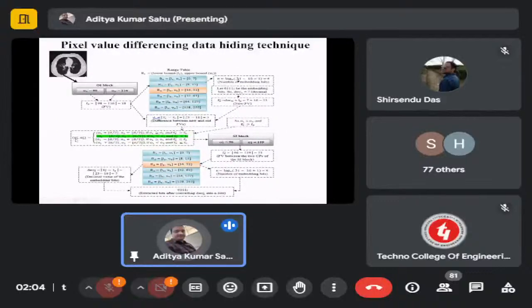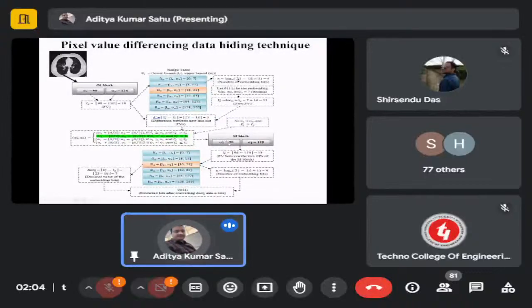Therefore, the stego pixel O1 star will be O1 minus floor of D by 2. O1 is 98, D is 5, and 5 by 2 is 2 point something, its floor is 2. So 98 minus 2 is 96.